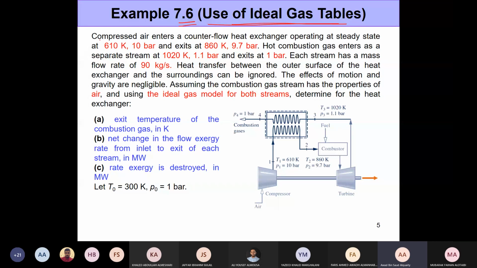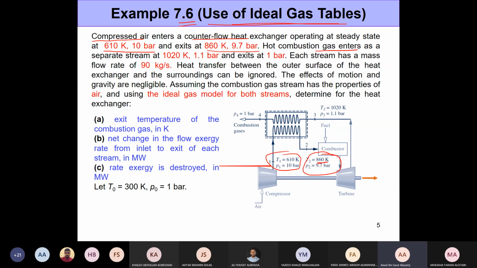So we have compressed air, which enters a counterflow heat exchanger operating at steady state, at this condition. This is the condition at which the compressed air is entering, and it's exiting at almost the same pressure, but at a much higher temperature, 860 Kelvin.